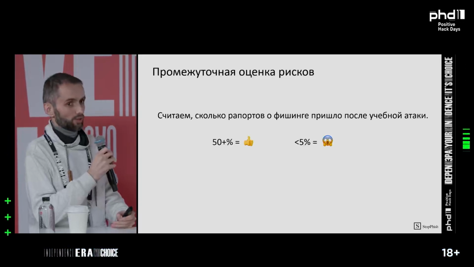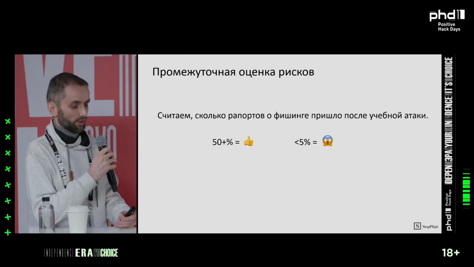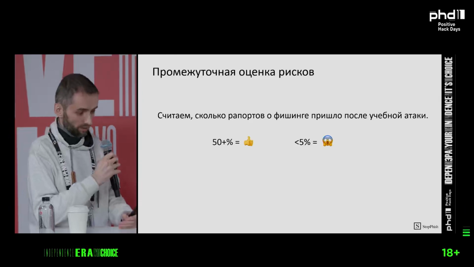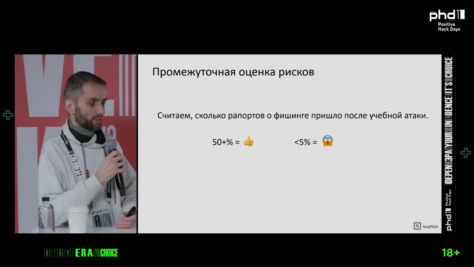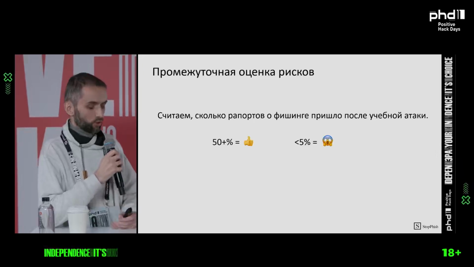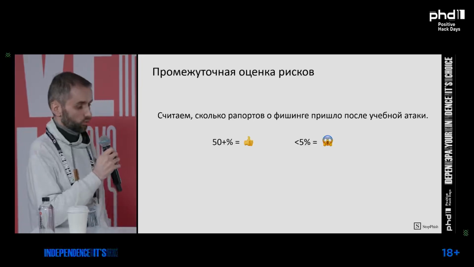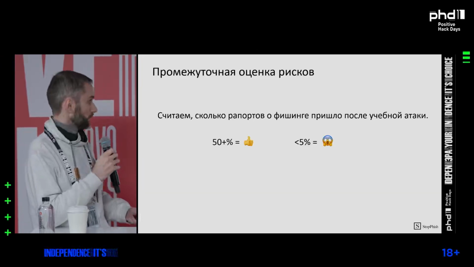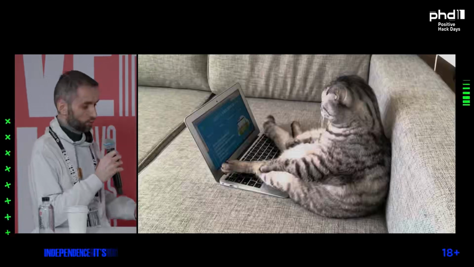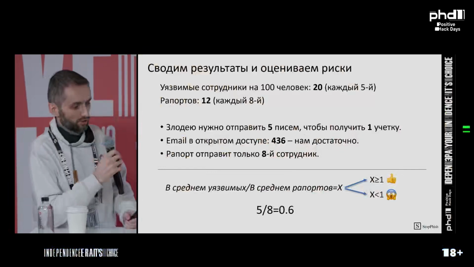Every second person would be helping you by reporting. And thus if the actor sends more than 2 letters, you will probably know about this attack. And if it's less than 5%, then I see risk managers using those smiles to estimate the state of affairs. Just a cat to relax a bit.